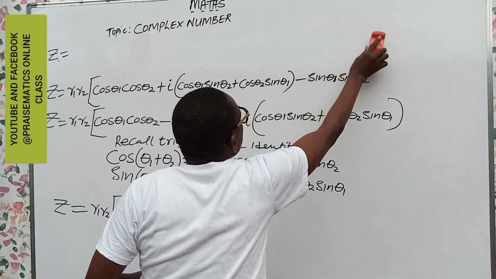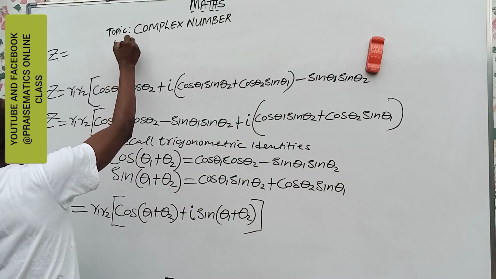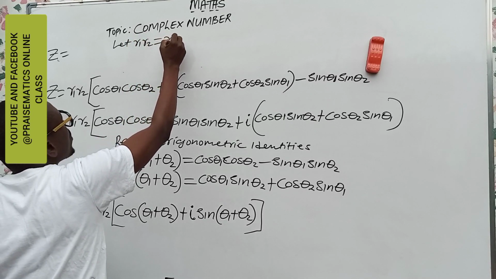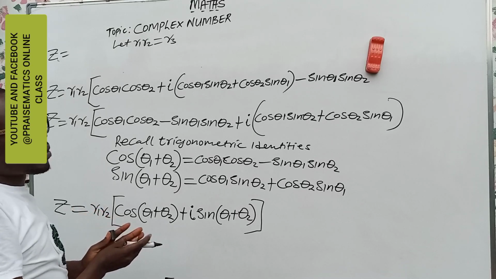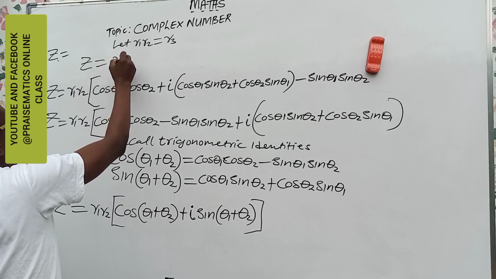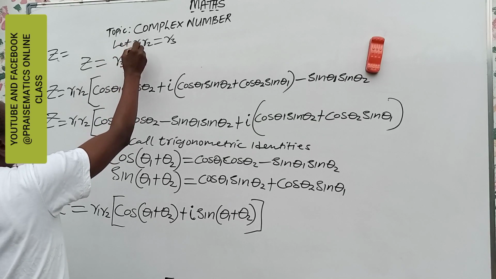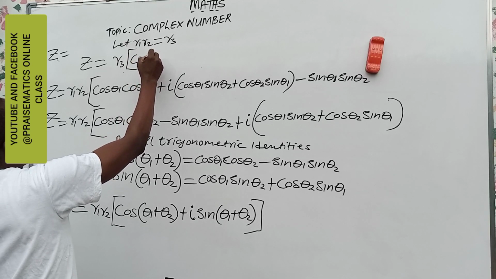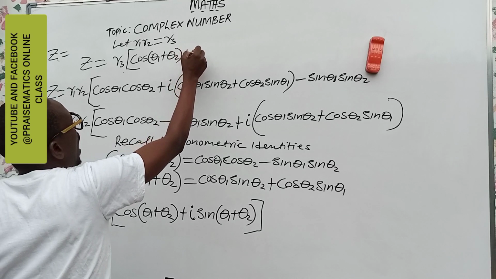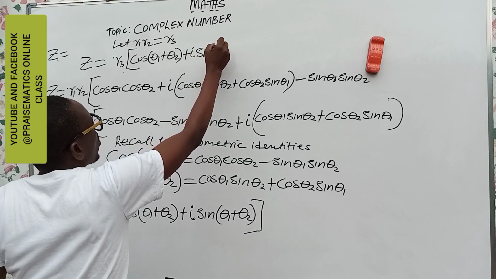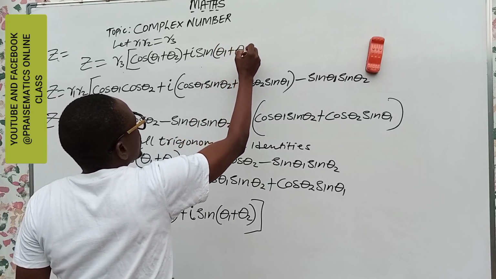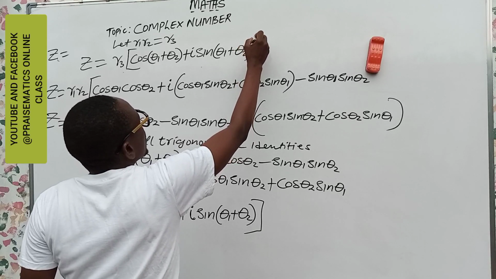Finally, somebody can say let R1 R2 equal R3. Let the product of our two R's be equal to R3. Then we have finally that Z is equal to R3 into bracket cos of theta 1 plus theta 2, close it, plus i sin of theta 1 plus theta 2, close it, and that is it.